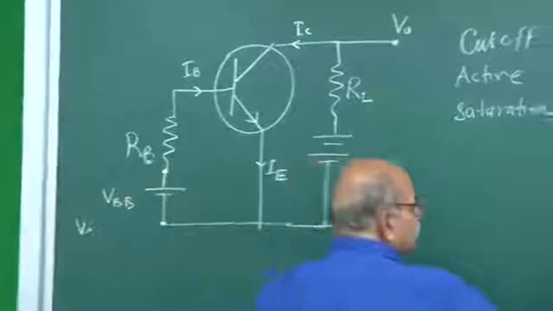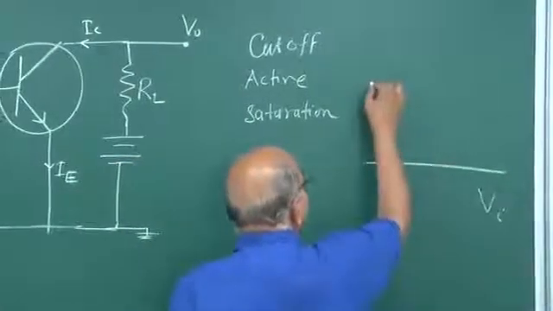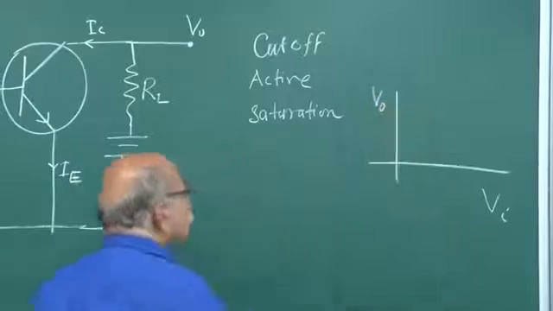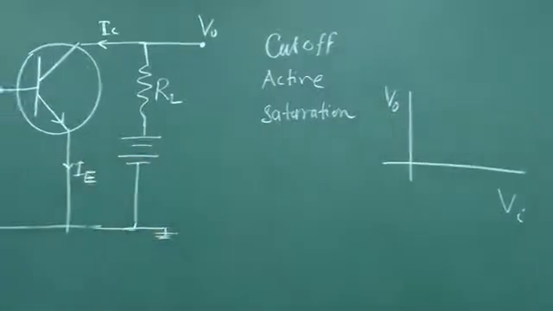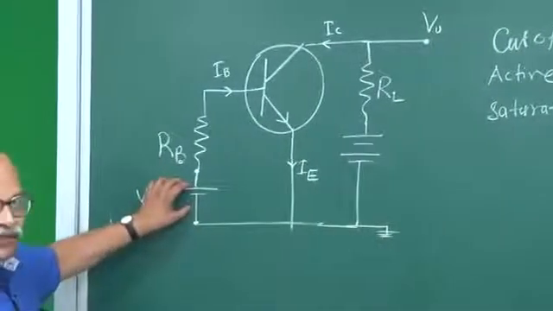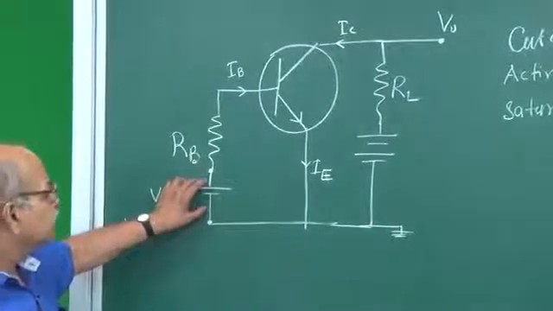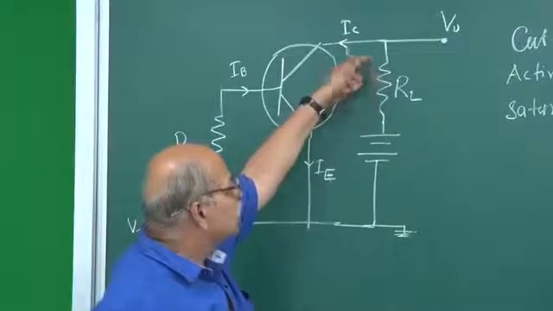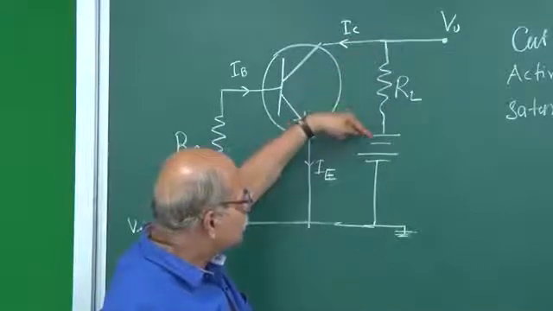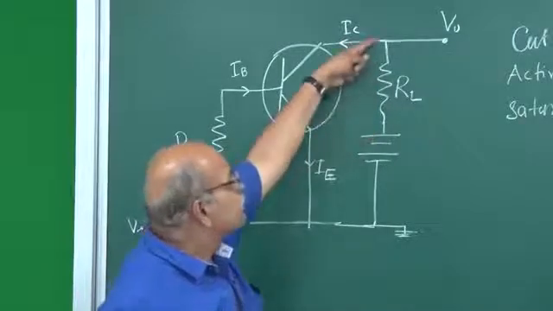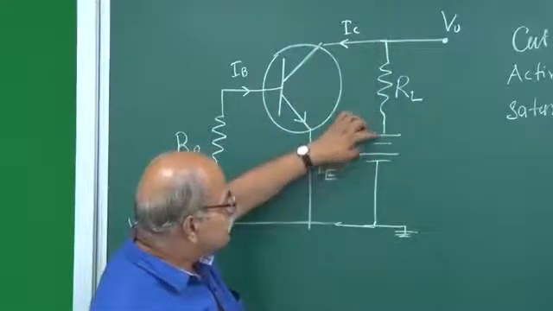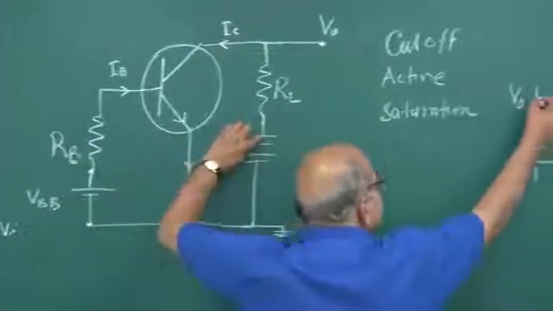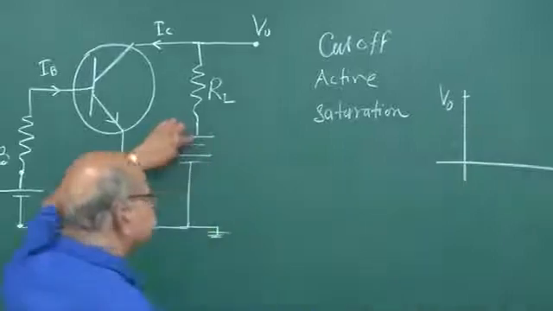So, if you plot this graph here, what happens? If this VI is very small, you are in cutoff region, and if you are in cutoff region, this IC is 0. If IC is 0, no drop on this RL, and therefore, whatever voltage is here, same will be voltage here. So, this battery voltage, that will appear as this output voltage.